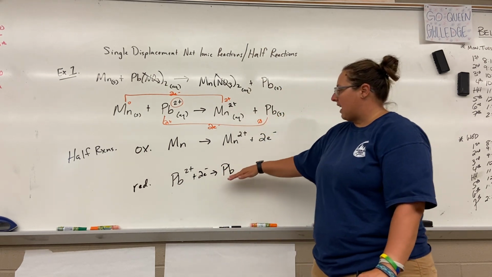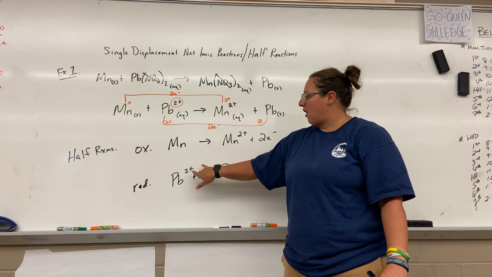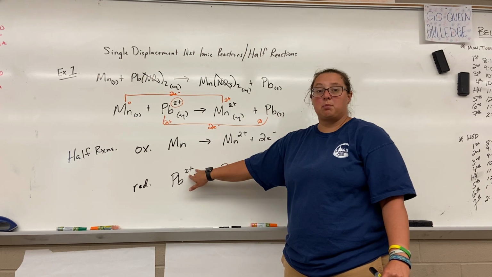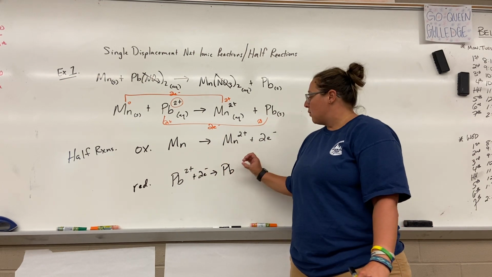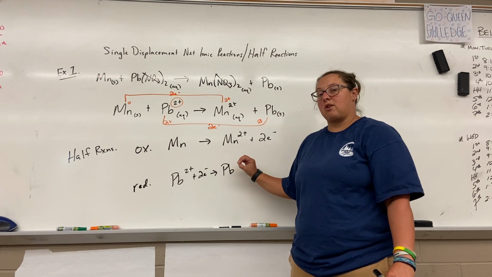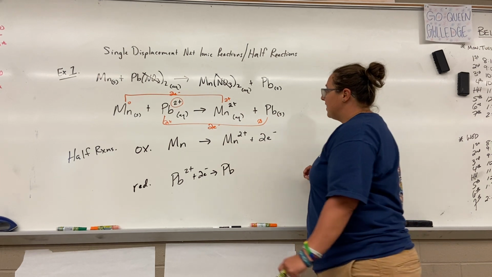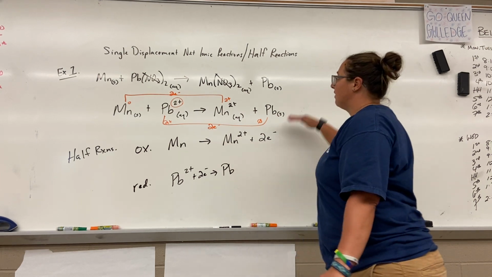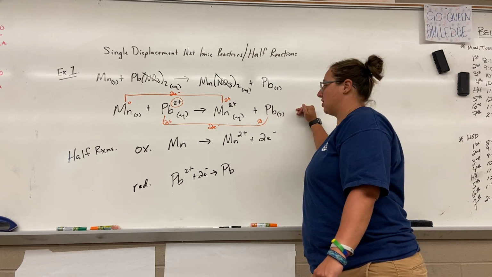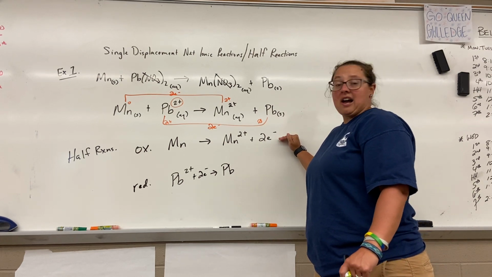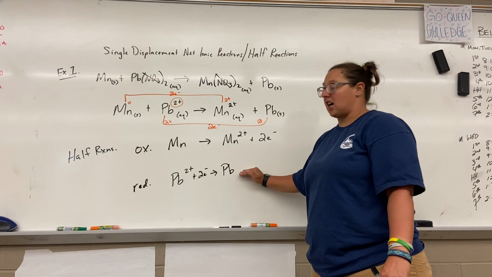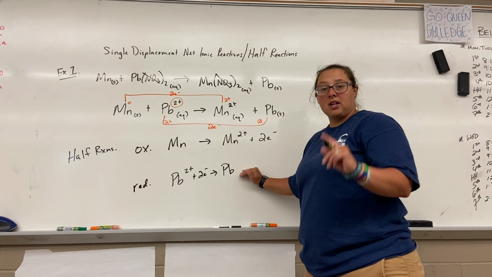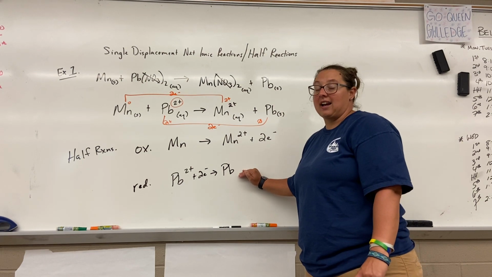So therefore I can have an overall 2- and 2+, 0 charge here, which balances with the overall 0 charge here. So this is how we write single displacement net ionic reactions, oxidation half reactions, as well as reduction half reactions. I might create another video to show you guys another example.